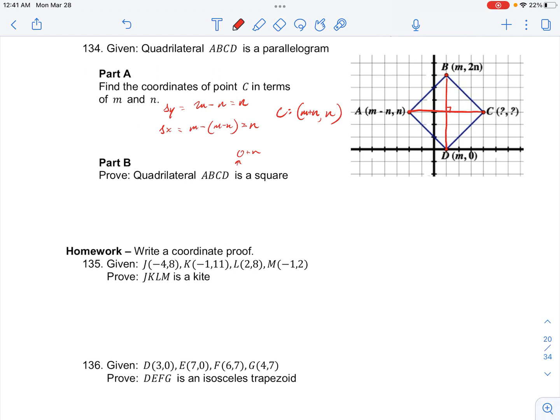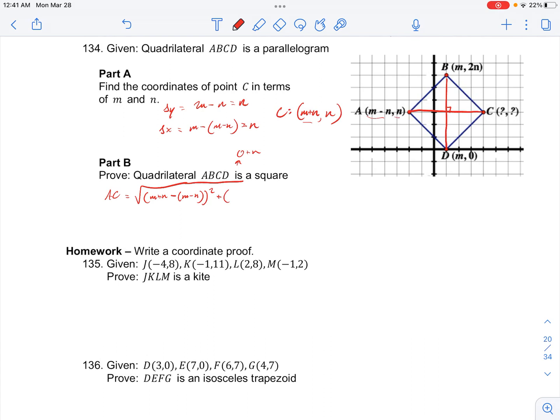The length of AC is given by the distance formula. AC is the square root of the change in x squared, that's m plus n minus the x of A, that's m minus n, all squared, plus the change in y squared.